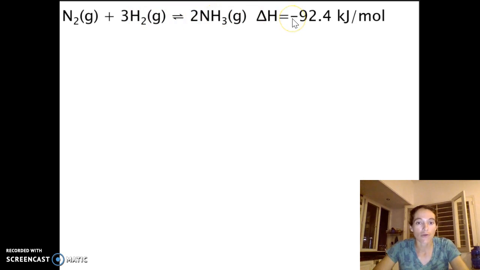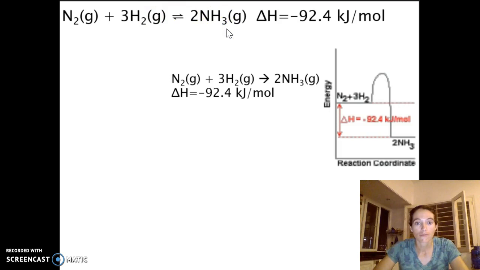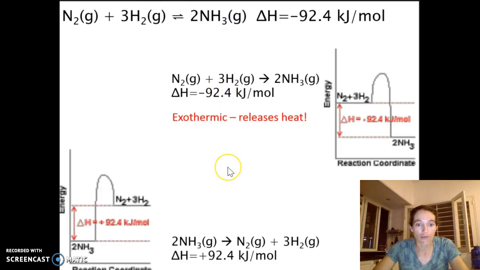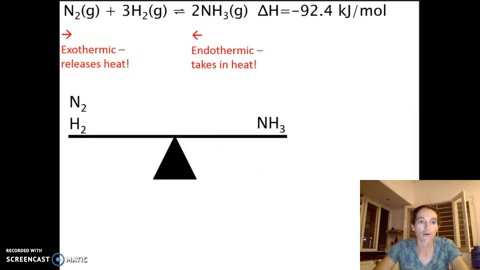It's an exothermic reaction going forwards, which means it's an endothermic reaction going backwards. And I put these releases heat and takes in heat because I think it helps us remember what happens next. So if we go forwards, we're releasing heat. If we go backwards, we're taking in heat.